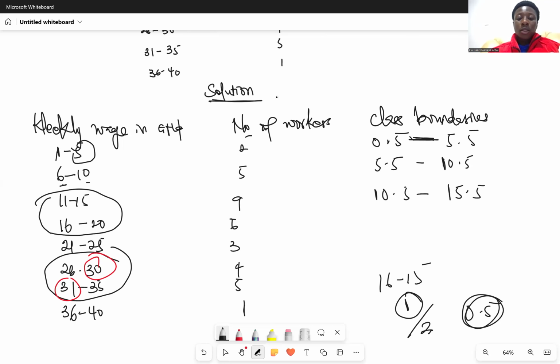Then 16, subtract 0.5, it's 15.5 to 20.5. Then 20.5 to 25.5.